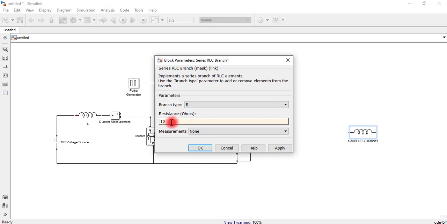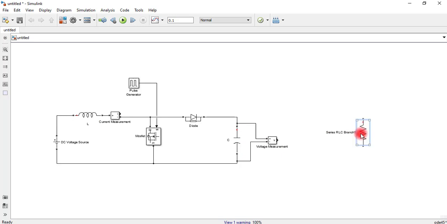You can keep it as 10 ohm. Okay, this is R. Now I will bring one display block.